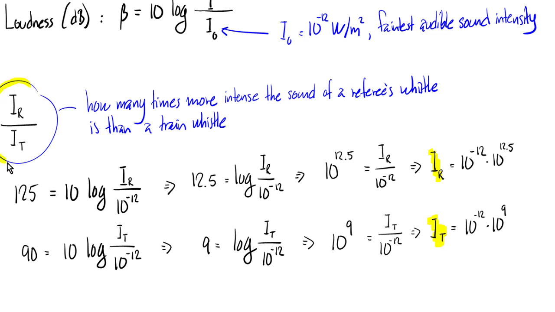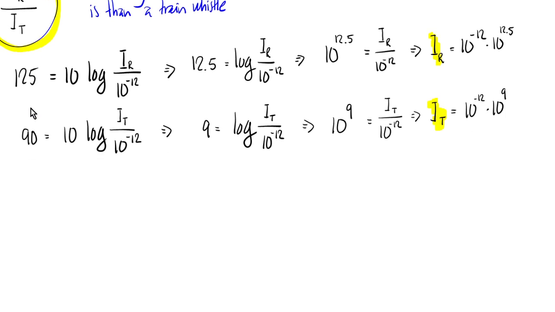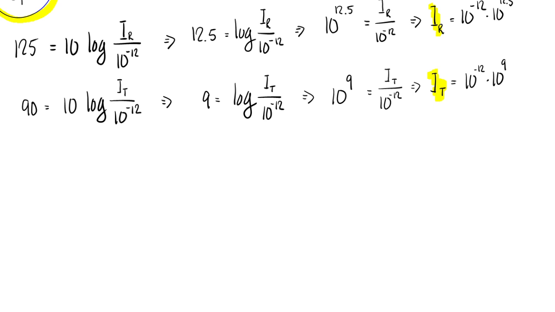Now we're going to divide like this to find out how many times more intense the sound of the referee's whistle is compared to the train whistle. So it's going to be I R, which is 10 to the power of negative 12 times 10 to the power of 12.5, divided by 10 to the power of negative 12 times 10 to the power of 9. Here we can see that those two factors of 10 to the power of negative 12 will cancel out.